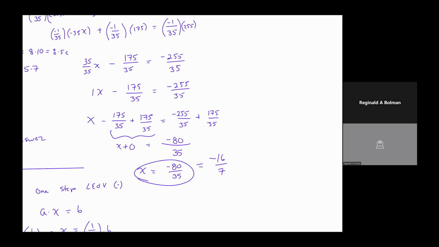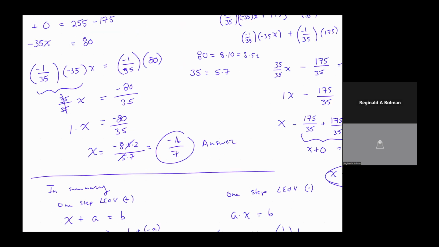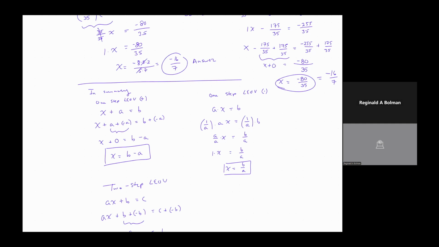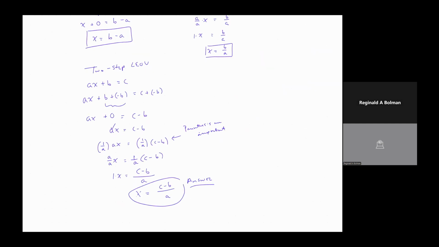And all else being equal, if you value not making a mistake, if you value making 100 on your examination, it behooves one to just know the standard methods by which you solve a two-step LEOV. And the standard way that we solve the two-step LEOV is going to always begin with adding the inverse of a number on both sides of the equal sign, and only then using the multiplicative inverse on both sides.